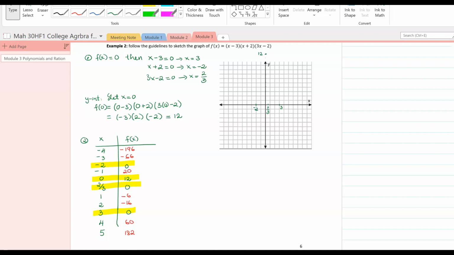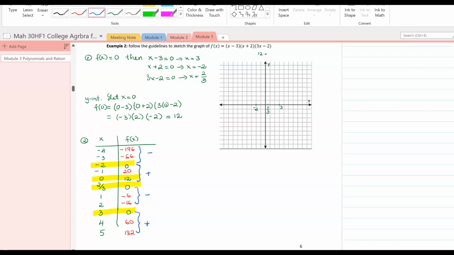Now don't worry too much that the values of f of x are way bigger than what we have in our table. What we want to determine here is that from negative 4 to 0, the graph is negative, so that is below the x-axis. Then positive, negative, and back to being positive.